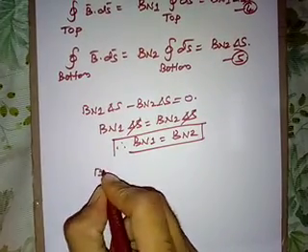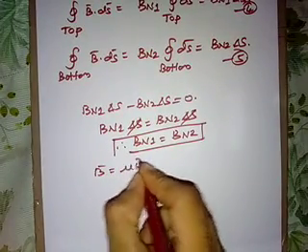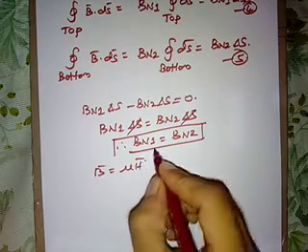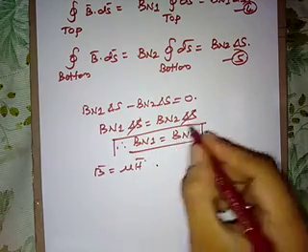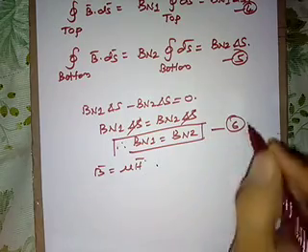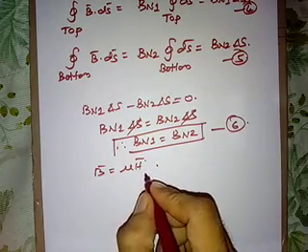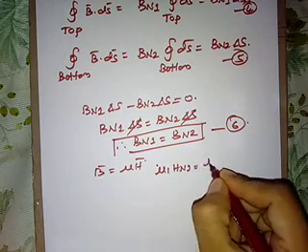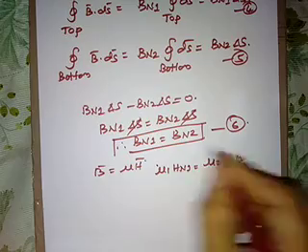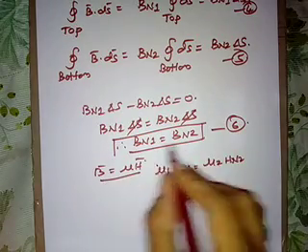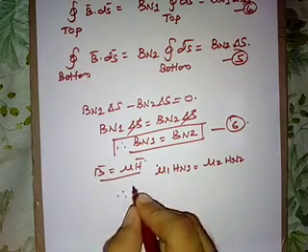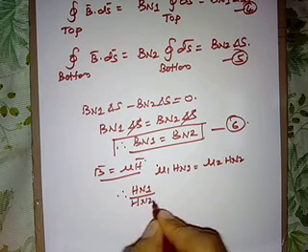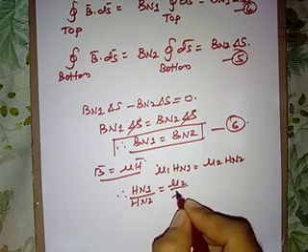We know that B is equal to mu H, so B bar is equal to mu H bar. If we substitute this in the above equation, which we consider as 6, then we have mu1 Hn1 is equal to mu2 Hn2. Therefore Hn1 divided by Hn2 will be equal to mu2 by mu1.